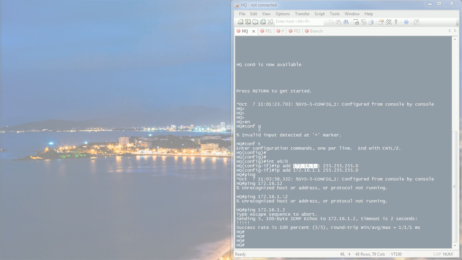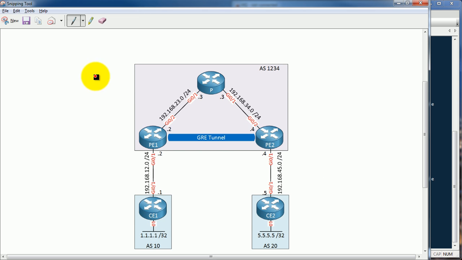And I have another topology. Here is a tunnel between PE and PE. Let's take a look at the GRE validation. I will use the following topology for this.